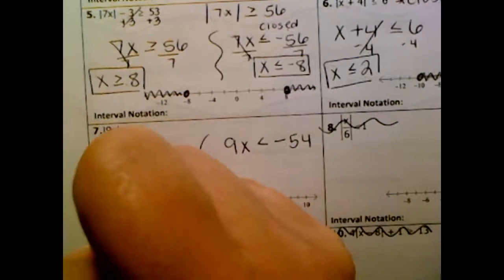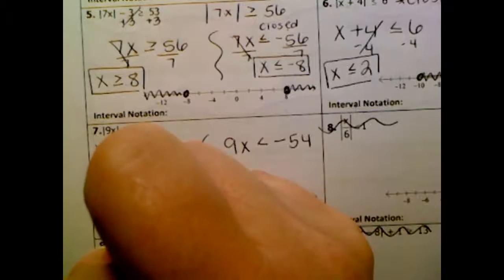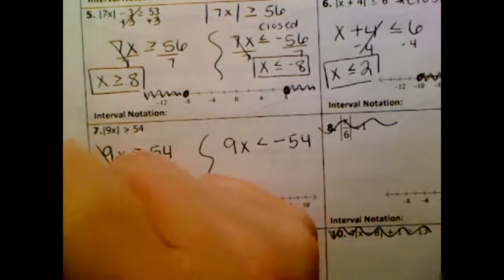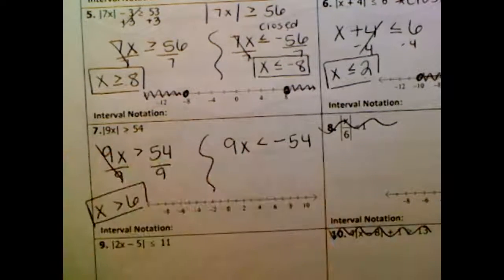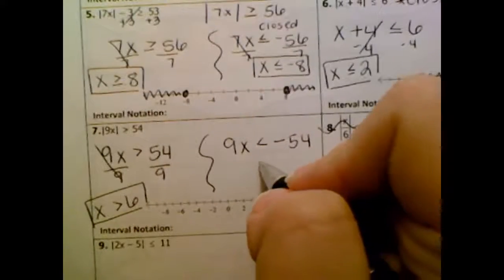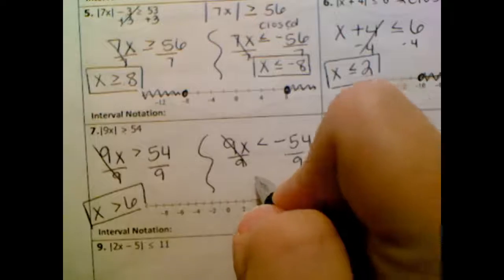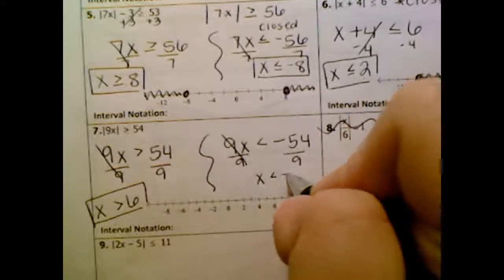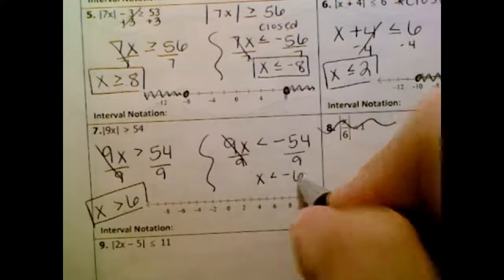So x is greater than 6. I divided, so I'm going to divide on this one. So x is less than negative 6.